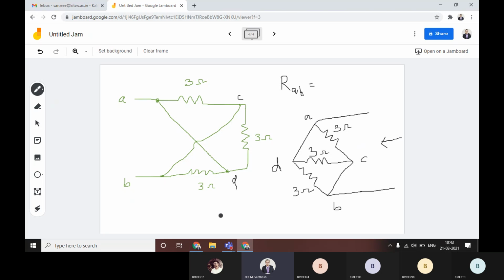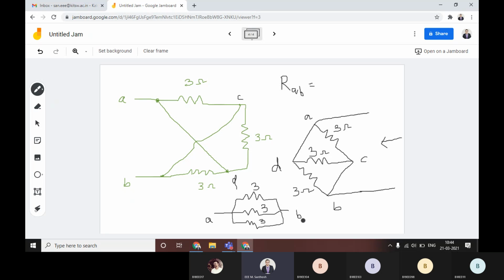Then this is one resistor and another resistor. There is this one, then another resistor. This is A side, this is B side. That means 3, 3, 3. All are in parallel. What is the equivalent? Obviously 1 ohm.